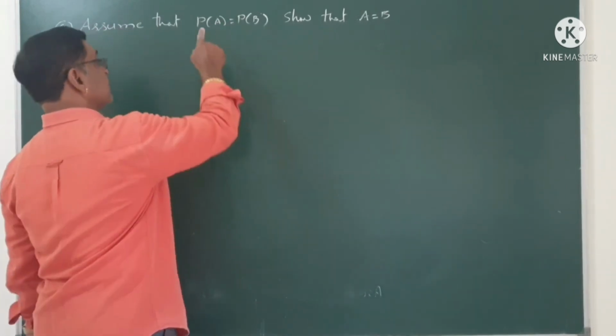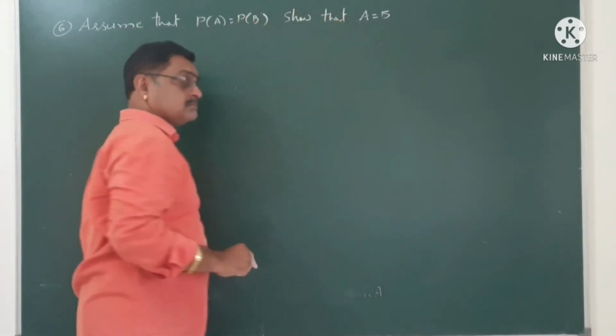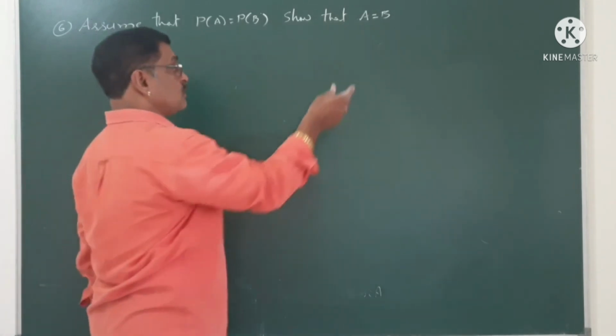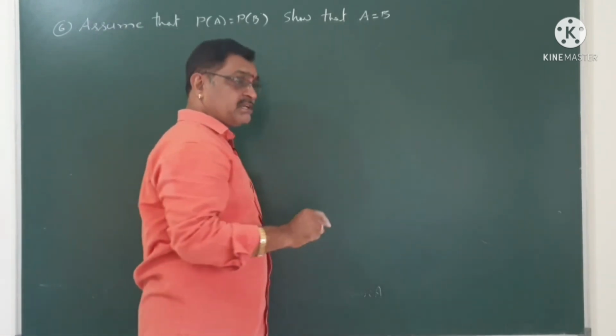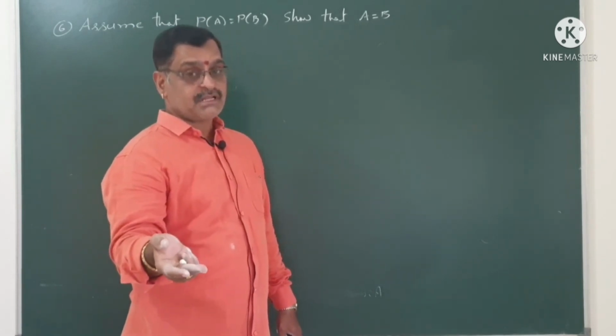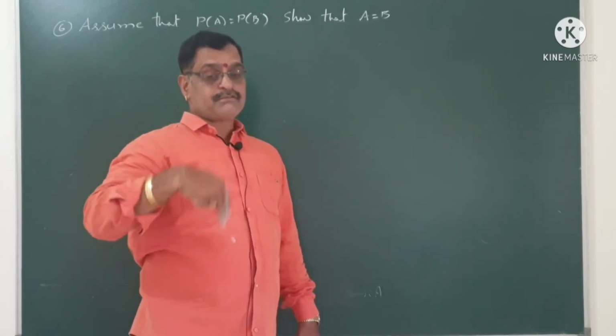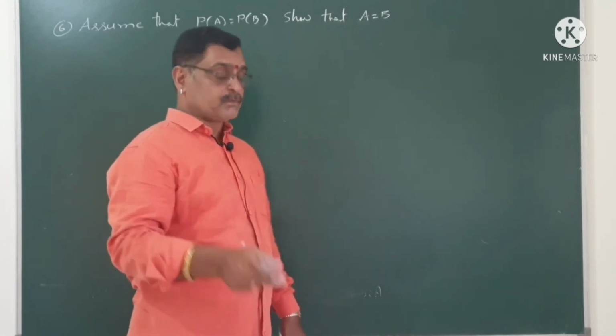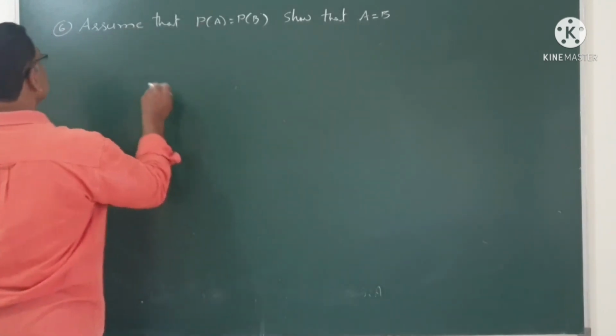In that case, we can show that A is equal to B. Again, how can you show two sets are equal in set theory? You show that one set is a subset of the other set and the other set is a subset of the first set. The method is the same. Okay. Now what is given?